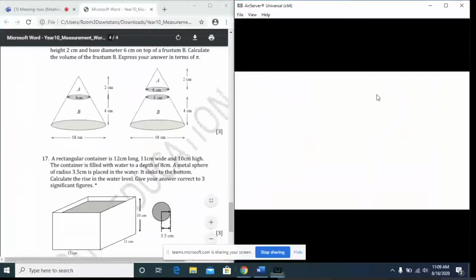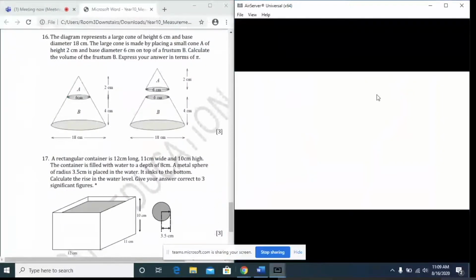Okay, so let's have a look at what question 16 is asking us to do. In question 16, we are told that we have a cone that has been comprised of two different shapes. One of them is a small cone and another cone at the bottom, which has its top removed, also known as a frustum.